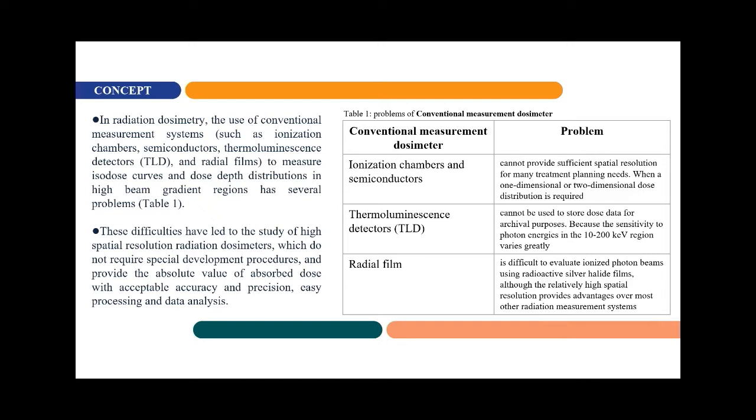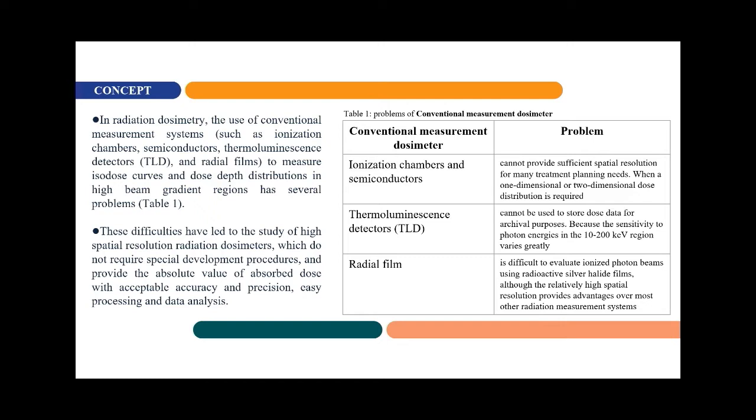Table 1. Problems of conventional measurement dosimeters. Ionization chambers and semiconductors: the problem is they cannot provide sufficient spatial resolution for many treatment planning needs when a one-dimensional or two-dimensional dose distribution is required.